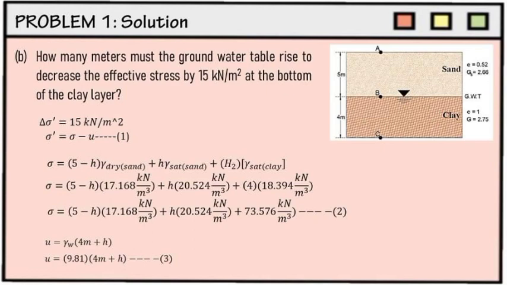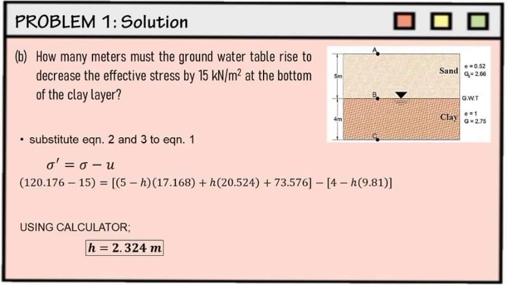That's our second equation. So our u is equals to gamma w times 4 plus H. Just substitute, u is equals to 9.81 multiplied by 4 plus H. So just equate the given equations, we can get the answer. H is equals to 2.324 meters.